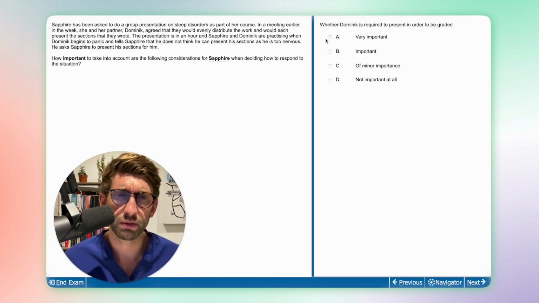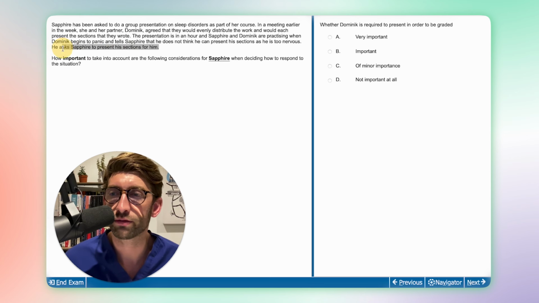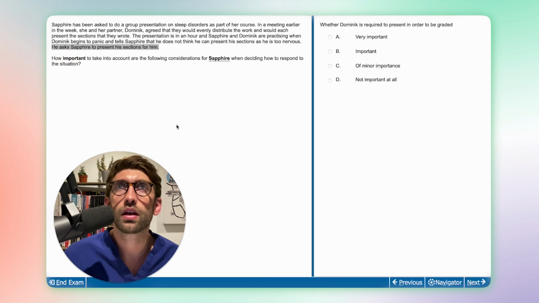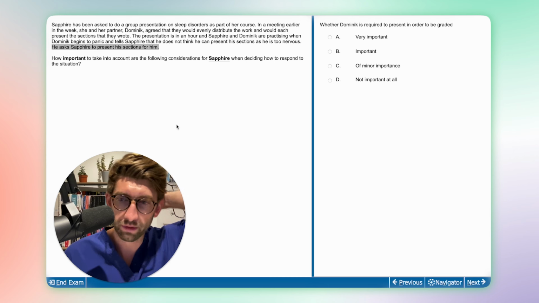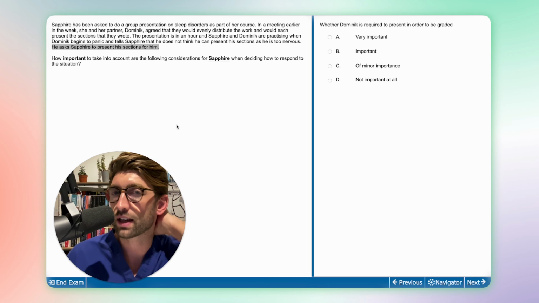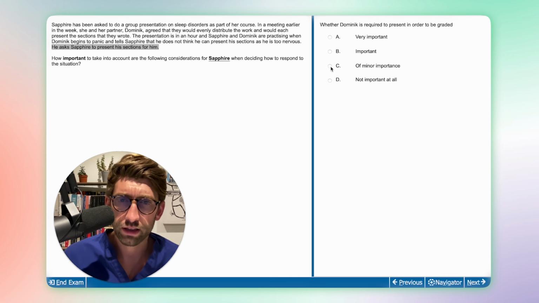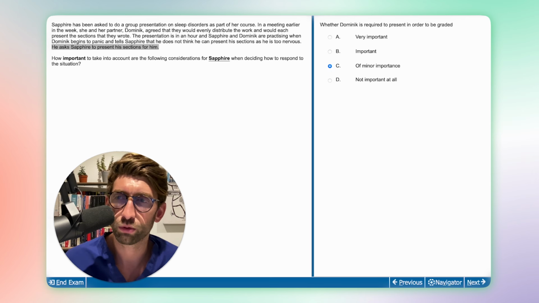So whether he has to present in order to be graded, maybe it's of minor importance because the scenario is that he's asking her to do it for him. So maybe if she convinces him, if she can get him to calm down to do it, then maybe that's a good thing to get the grade that he needs. But ultimately, if you can't present, you can't present. So I'd say it's of minor importance.